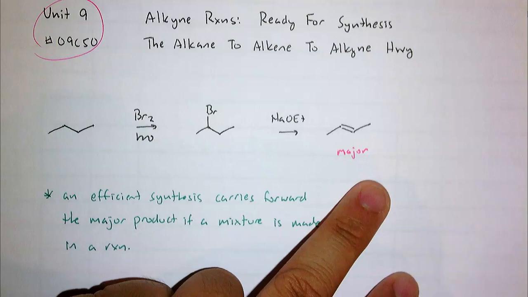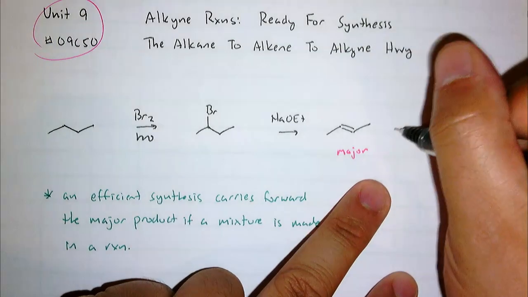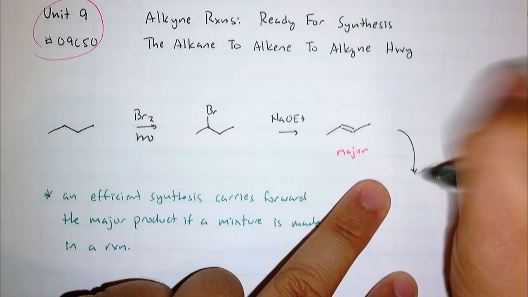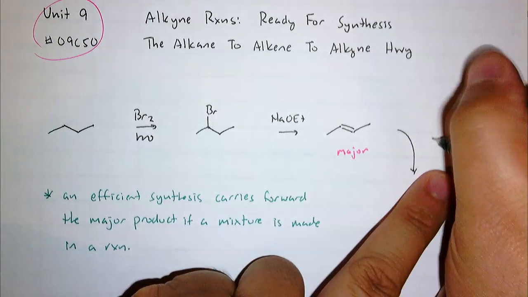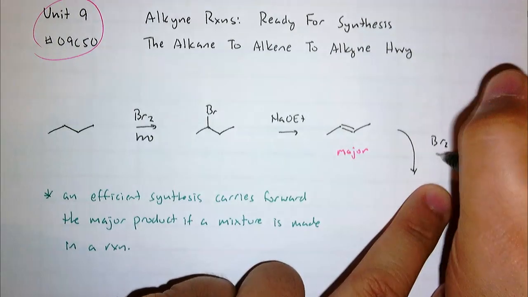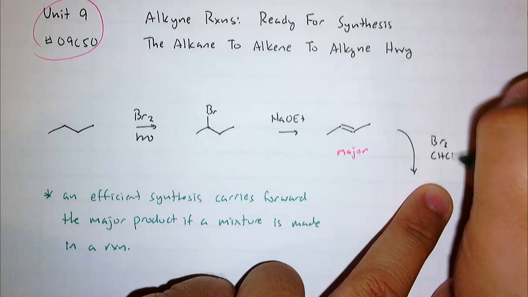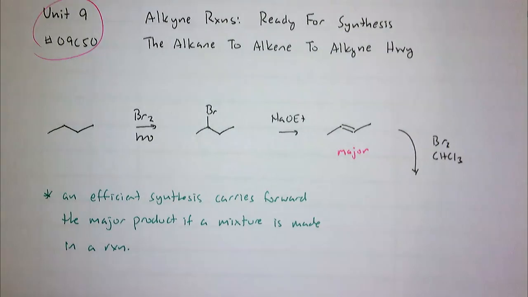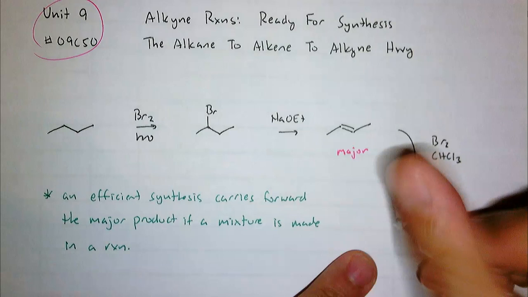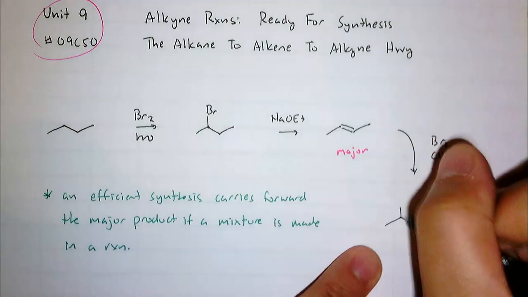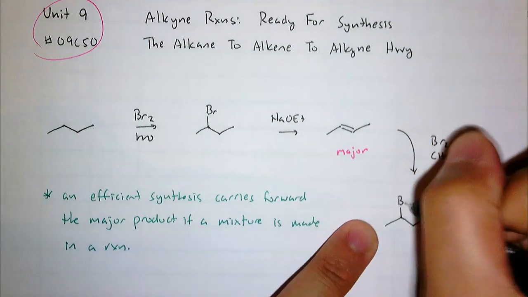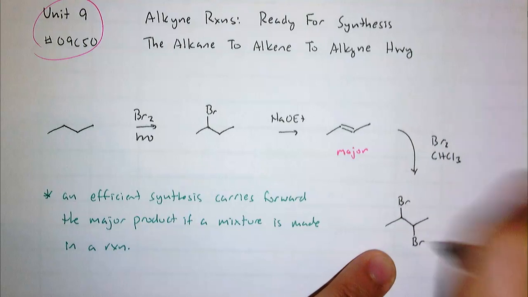We know about this next reaction, though we didn't at the time probably think it was going to be that important to make the halide. And this is where you want to add, or typically add, a chlorinated solvent. Remember this one from the alkene addition unit? Yeah, that.